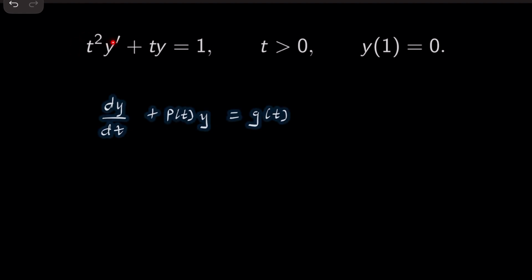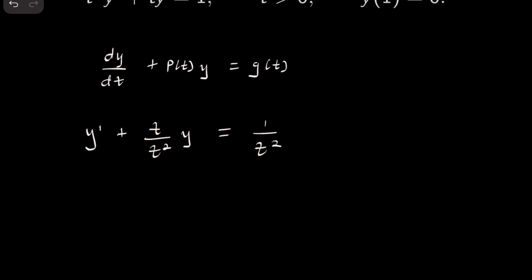So we first have to divide through by t squared, and so we are going to have y prime plus t divided by t squared y is equal to 1 on t squared. This simplifies to y prime plus 1 on t times y is equal to 1 on t squared.